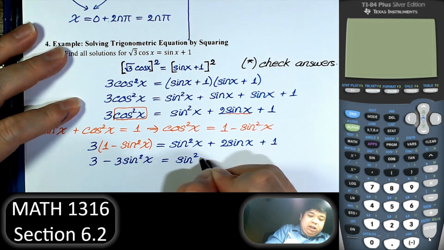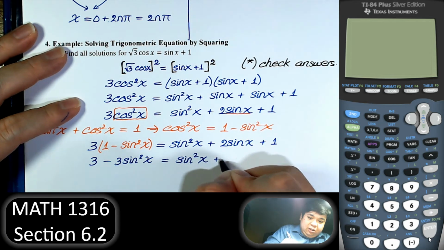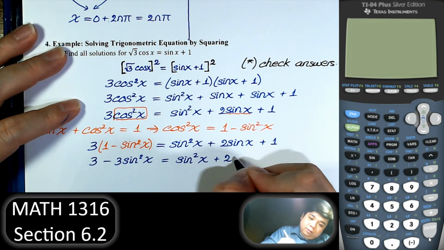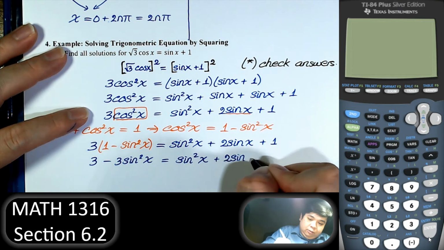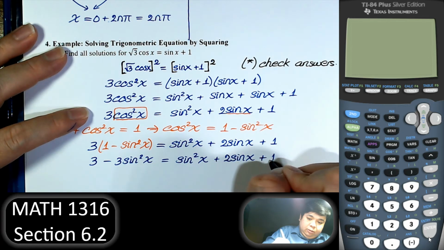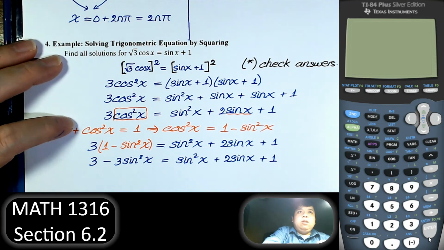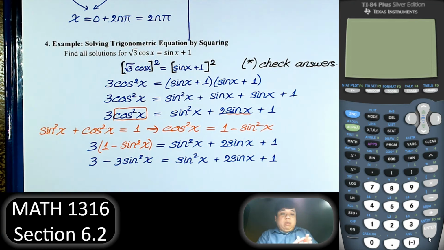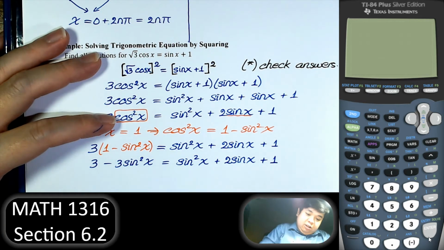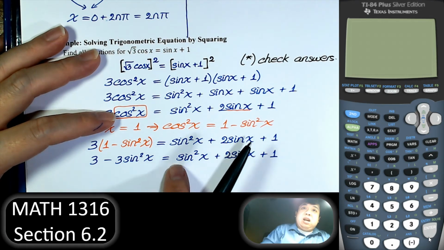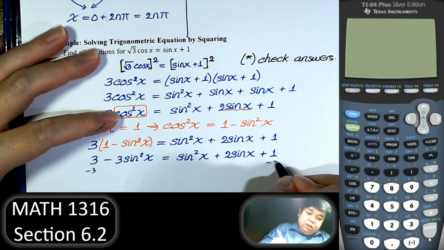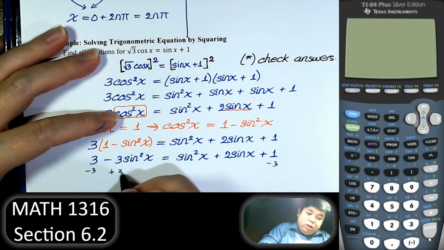Now we have everything in terms of sine. Make sure there's a 3 when you multiply them out. Now move everything to one side. Keep everything on this side because that has sine squared and sine. So minus 3 on both sides, and then plus 3 sine squared on both sides.